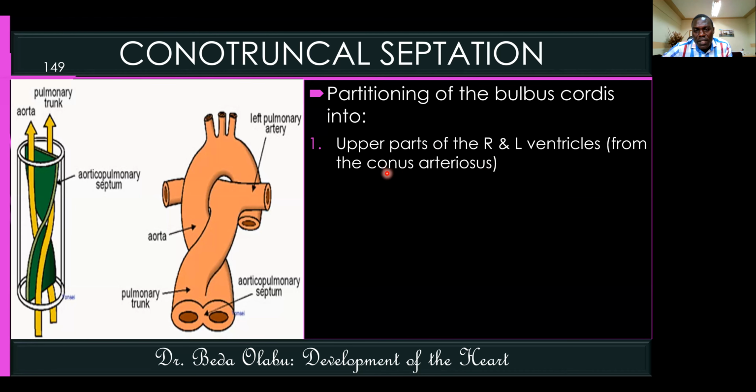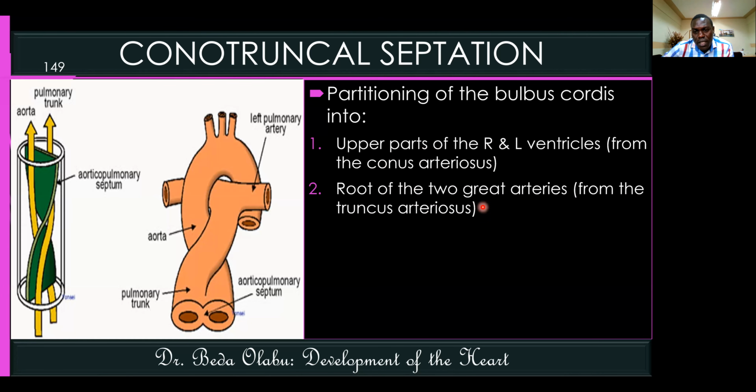That lower part, the conus arteriosus, will be split by a septum into the upper parts of the right and the left ventricles. Those are the smooth parts of the right and the left ventricle.